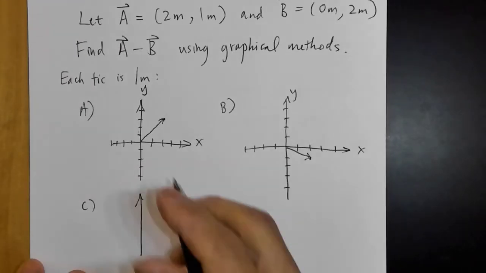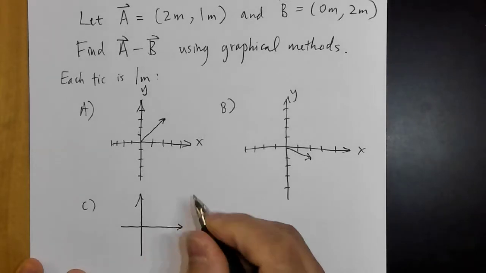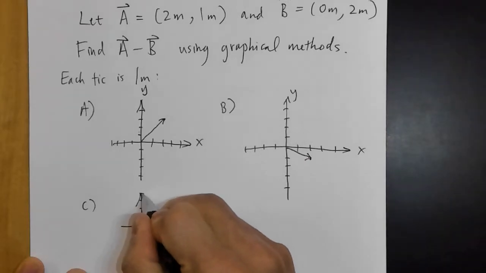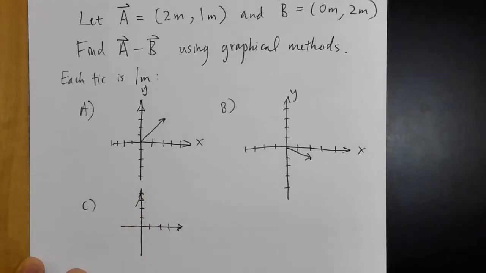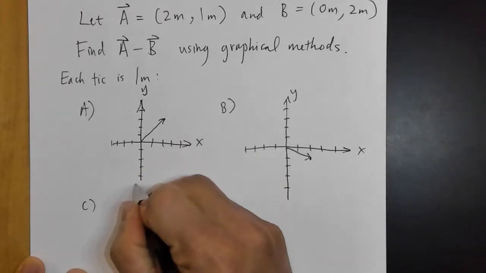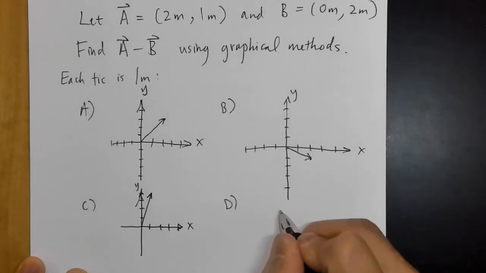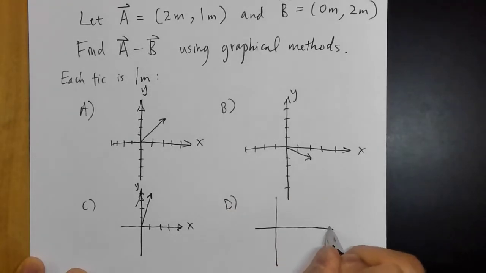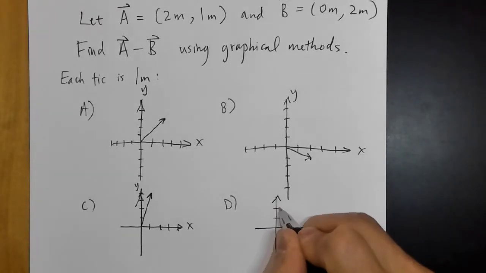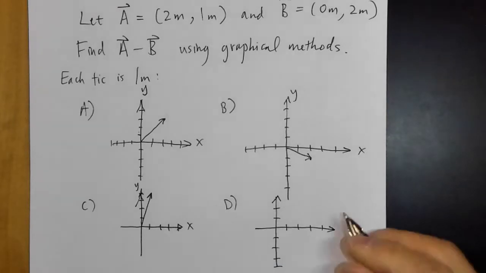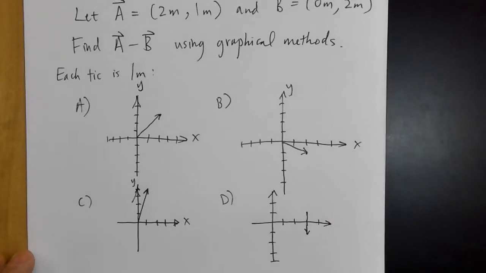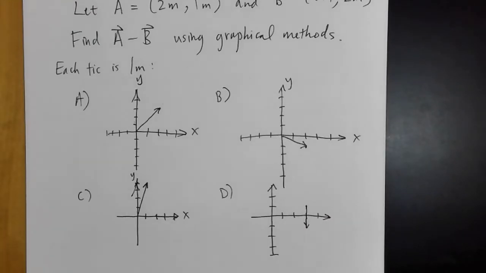It's going to be hard to fit this all, so let me make it a little smaller. And this one's up here. B would be here. I'm running out of space for E, but E was the wrong answer, so I'll just leave it off.